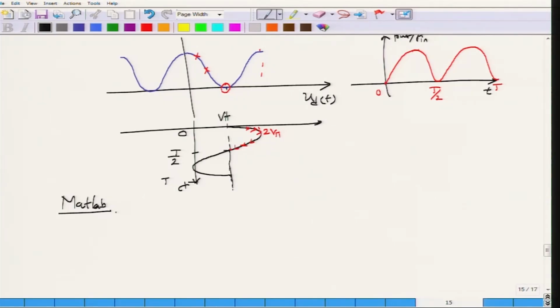You can look for such MATLAB programs in the assignment section, and you will be able to generate various pulse shapes and confirm for yourself that what you are obtaining is what we have obtained intuitively by drawing here. Okay, so you can pick different operating points and therefore get arbitrary waveforms.